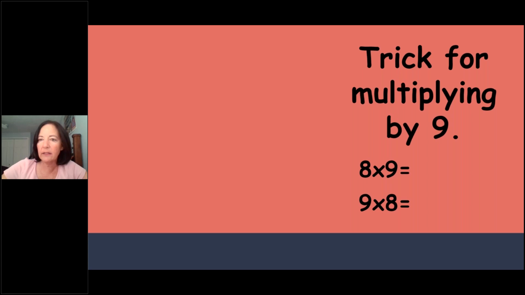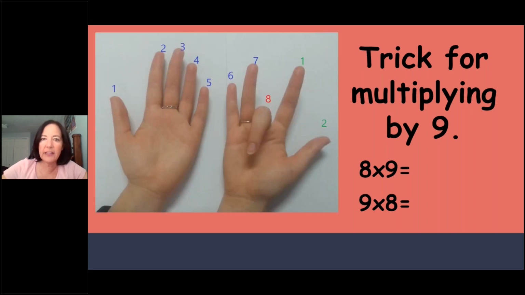So one way to find that answer when you're multiplying by 9, and it only works with 9s, is you put your fingers down in front of you like the picture shows. Because we're multiplying 9 by 8, you start counting from the left side and you count until you get to the 8th finger. Tashana, can you see the blue numbers up here and the red numbers?